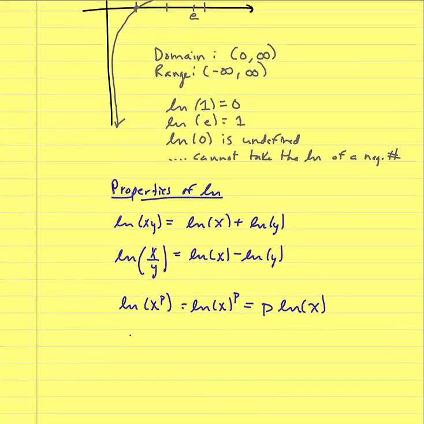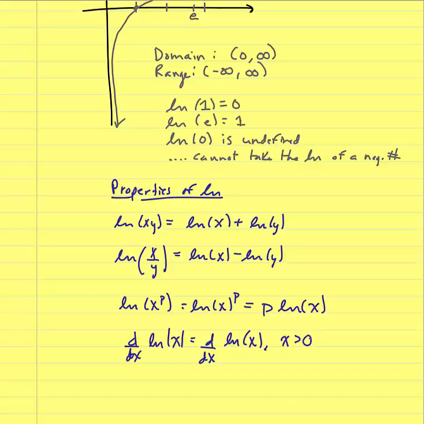So properties of logs. Let's look at the derivative with respect to x of the natural log of the absolute value of x. Now another way we could write this is the derivative with respect to x of the natural log of x given that x is greater than 0. So if you have the absolute value, what they're saying there is only consider positive x, and this means the same thing.